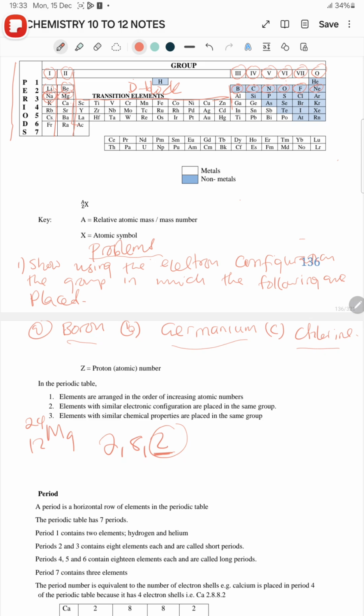I've even put the mass numbers and atomic numbers to make the work easier. Boron, the mass number is 11, the atomic number is 5. Germanium, the mass number is 73, the atomic number is 32. Chlorine, the mass number is 35.5, the atomic number is 17.